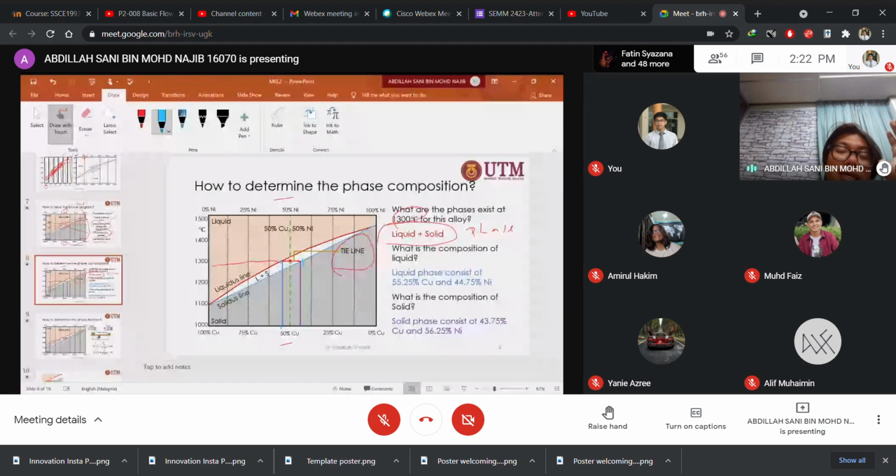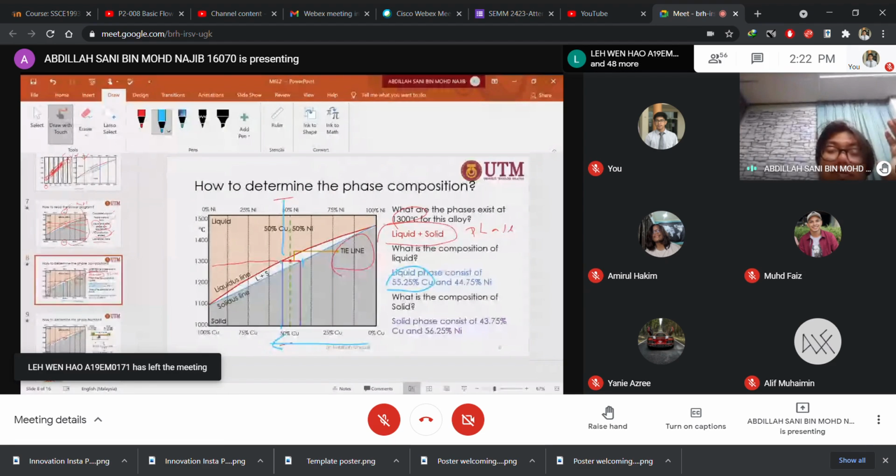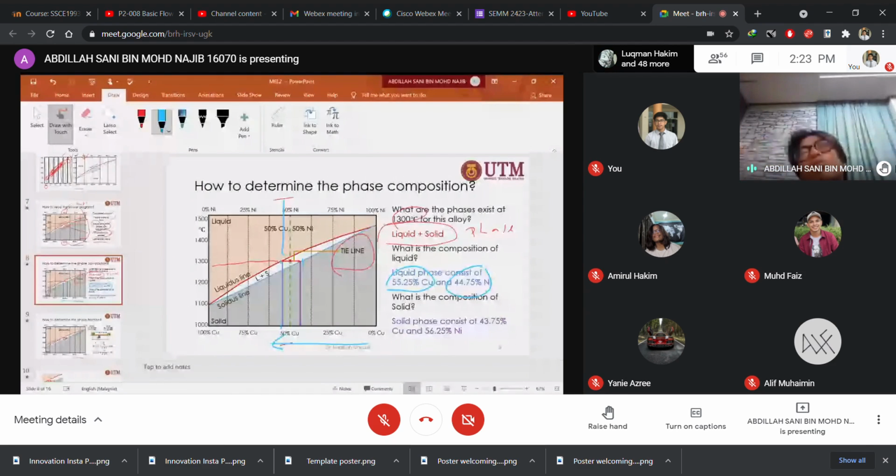If this is the axis of copper, you have 50 something of copper, 55.25 let's say. At the same time, you can extrapolate it to nickel, which is 44.75.